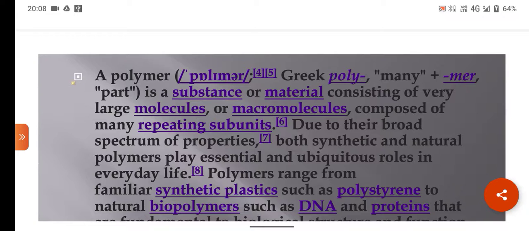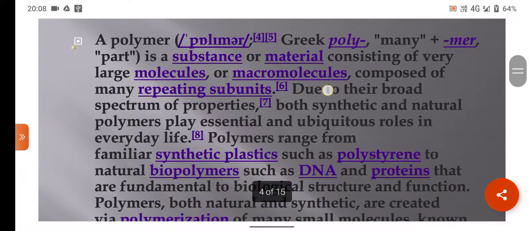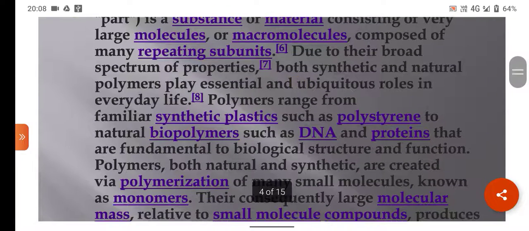Polymers range from familiar synthetic plastics such as polystyrene to natural biopolymers such as DNA and proteins that are fundamental to biological structure and function.